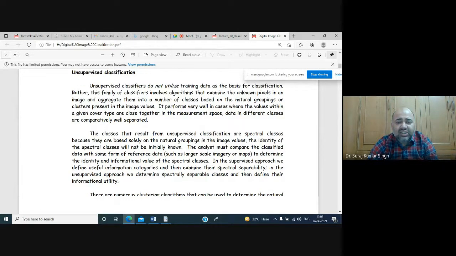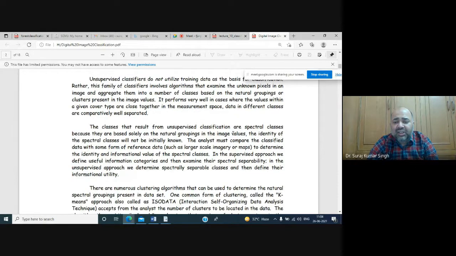The classes that result from unsupervised classification are spectral classes. So when you are grouping, it is trying to make spectral classes that are solely based on natural grouping in the image values, and these spectral classes are initially not known.